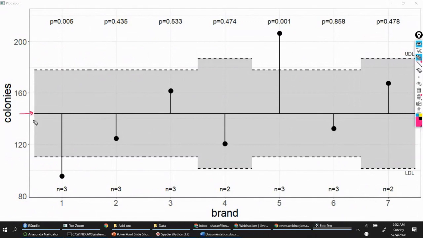And this line that you are seeing is the grand average of the number of colonies that we have. Comparing to this grand average, you can see brand 1 is less than the significant value. So probably this is the best filter that we can see. And brand 5 has more colonies.